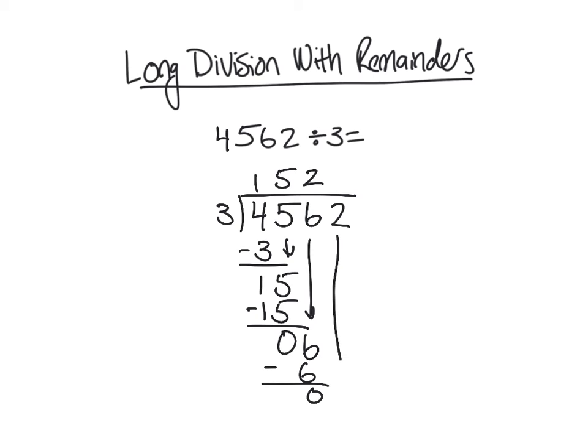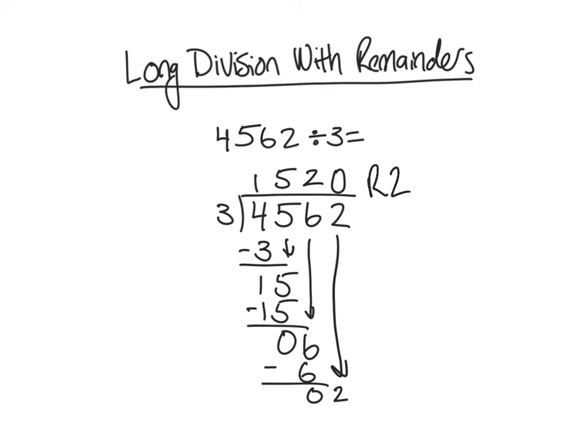I have one more number to bring down, so I'm going to bring down the 2. 3 goes into 2 0 times. So I'm going to put a 0 above the 2. And I don't have anything else to bring down in my dividend, but I do have this leftover 2. And in this case, we're going to say that that is our remainder. So we have a remainder of 2.